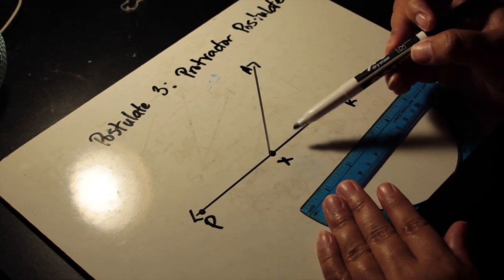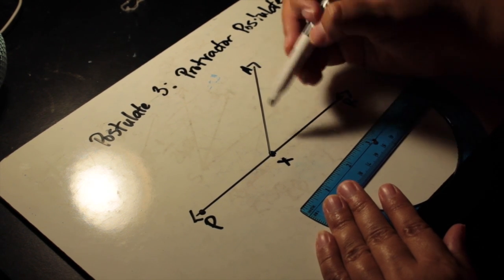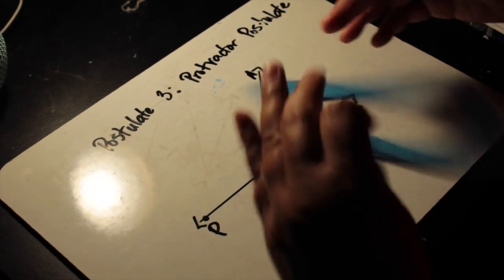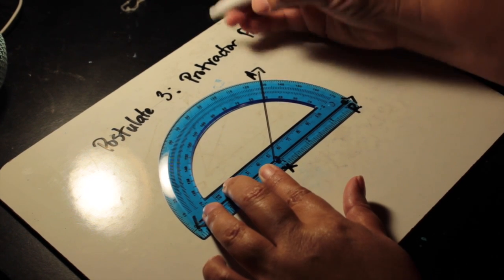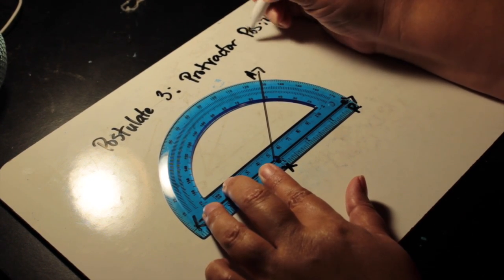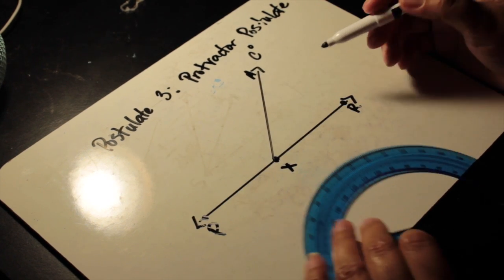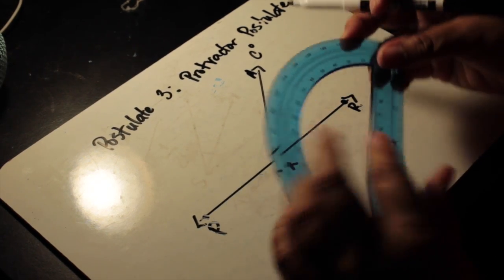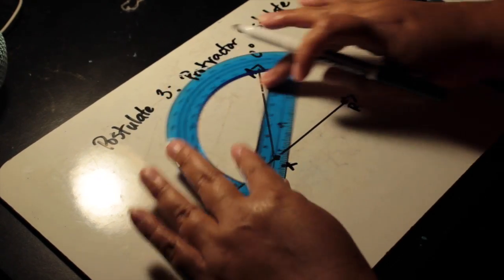So if XA is paired with a number C, whatever this number is, whatever degree it is when you measure it, they're calling it C. So C degrees. And XB is paired with a number D. So let's do XB, maybe this way.